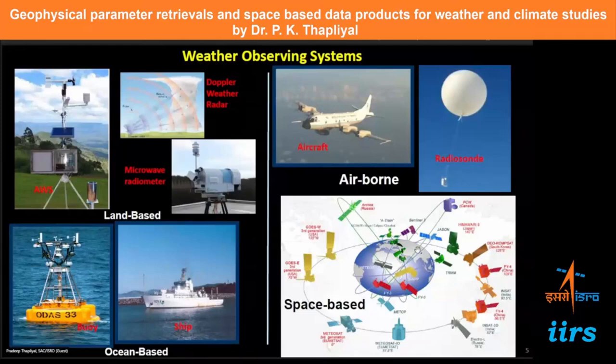These are meteorological satellites. The WMO has a mandate that all the data acquired by any country should be shared freely with different weather agencies. So IMD also receives data from various satellites operated by global satellite operators, and we also provide our data free of cost to different countries.